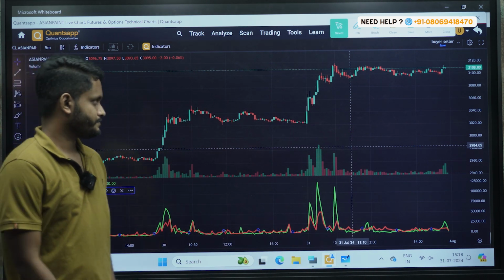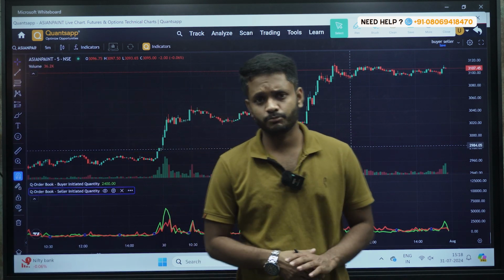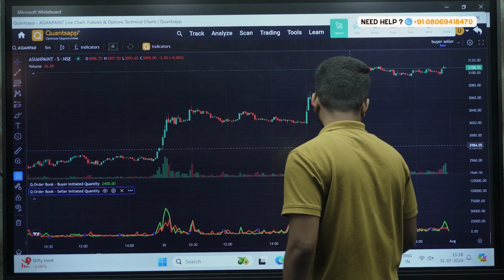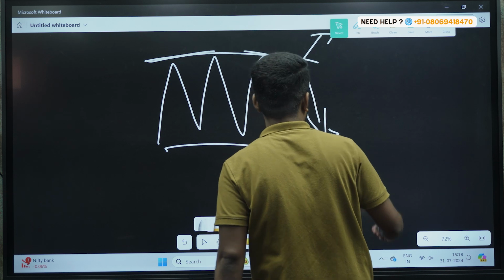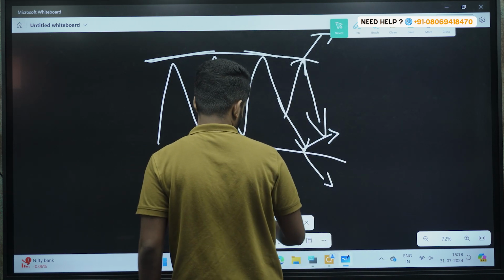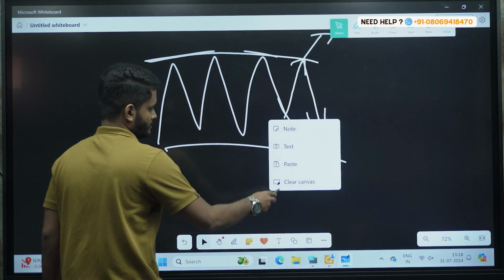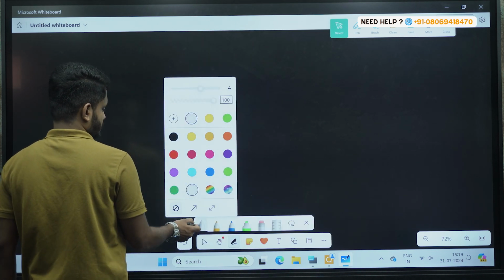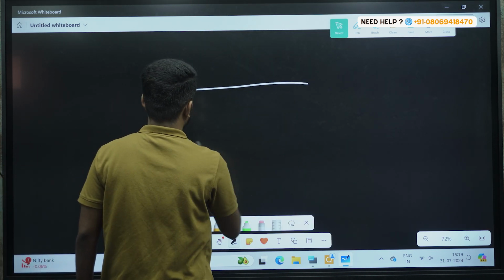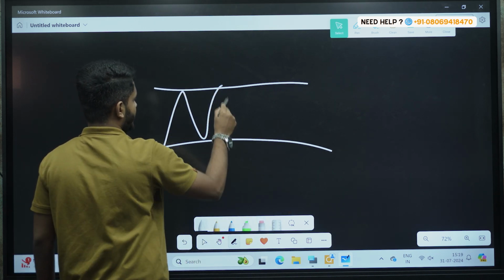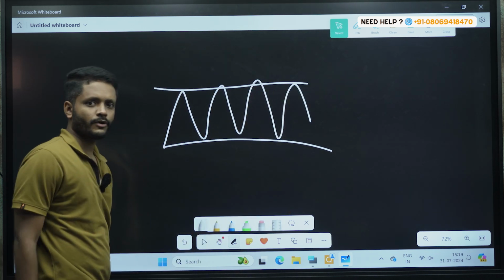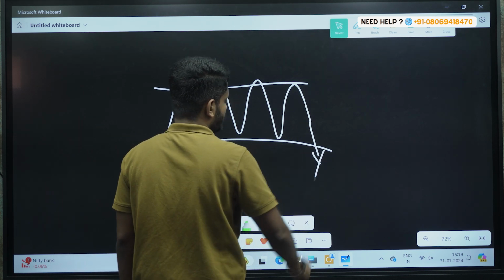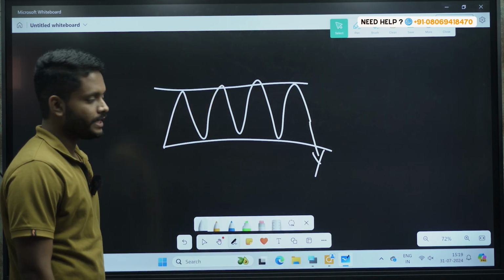Now what is this setup? How are we supposed to take a trade based on this setup? Let me explain again. Say again there is a resistance and a support, and the stock is oscillating sideways for say 30, 40 or 45 minutes, and then the stock gives a decent breakdown on the downside.